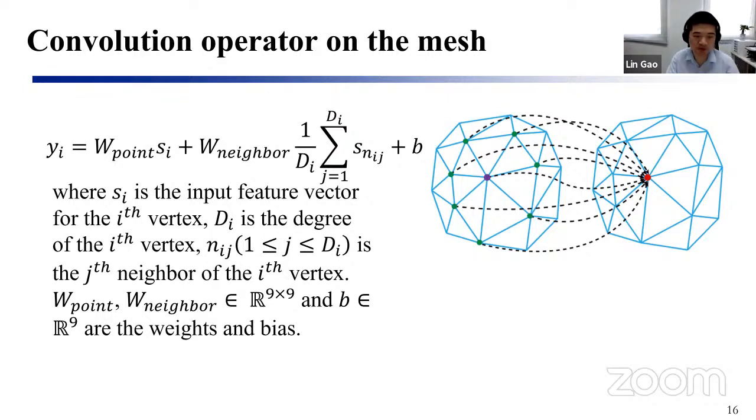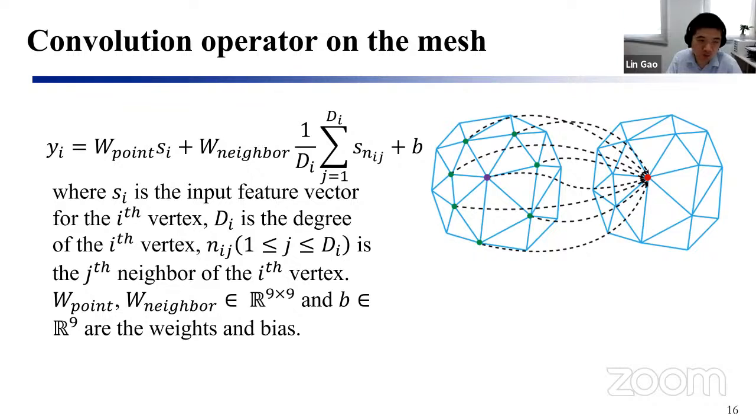The value, the rotation axis and the rotation angle, is what we call the input feature vector of vertex i. This represents the deformation in each neighborhood, and it is multiplied by a weight matrix.